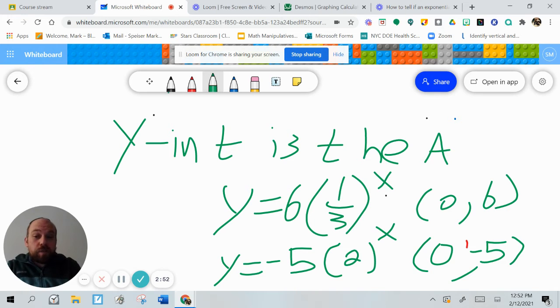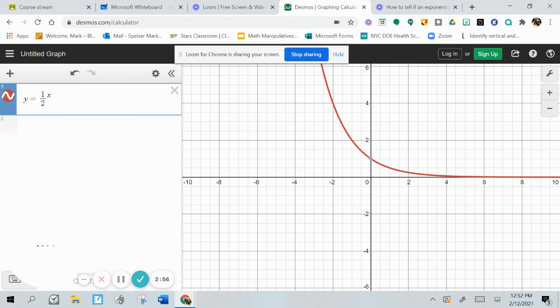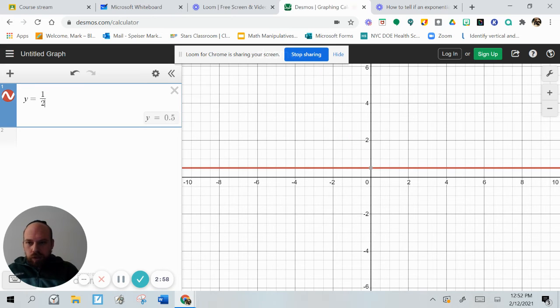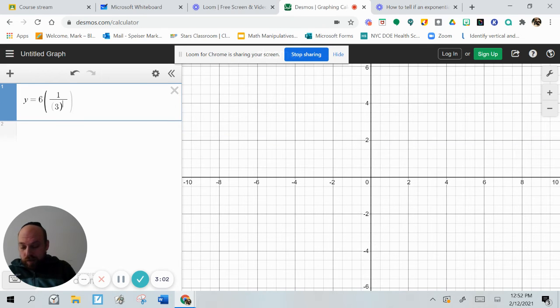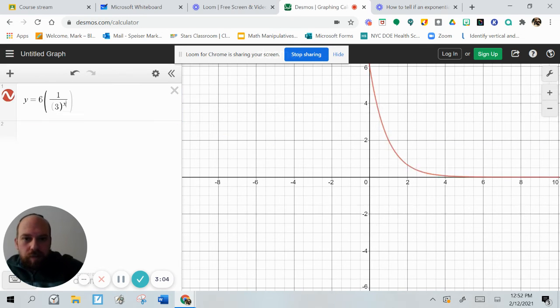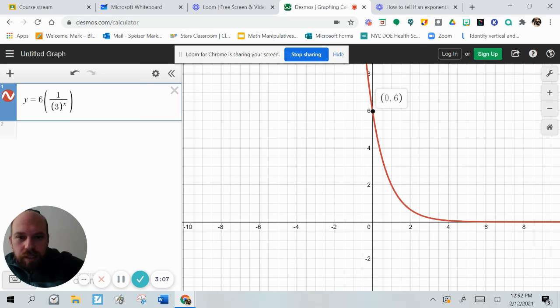But let's look at the graphs before we wrap up of these two. So y equals 6 times 1/3 to the x. So notice now this graph passes through 6.